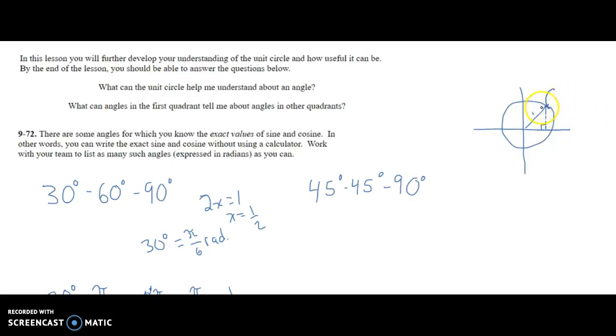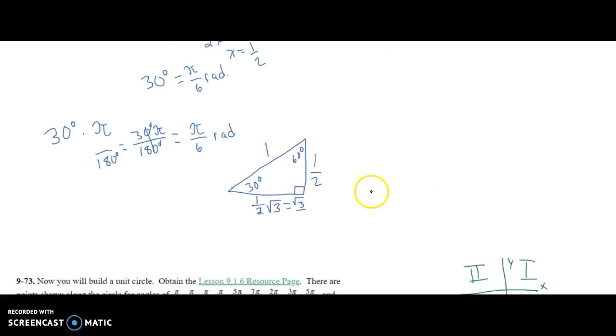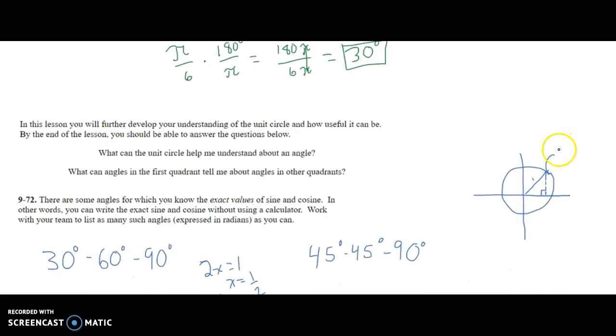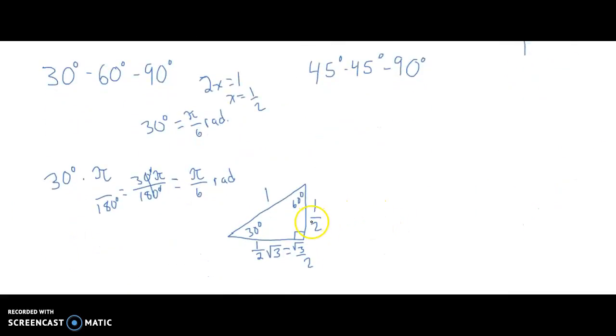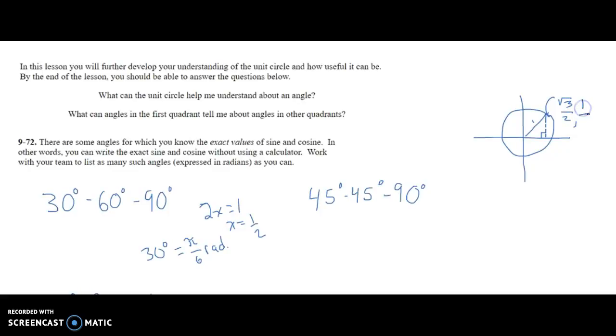We see our x value is the square root of 3 over 2. And our height, if we remember, is 1/2. So that's when we're at pi over 6 radians.